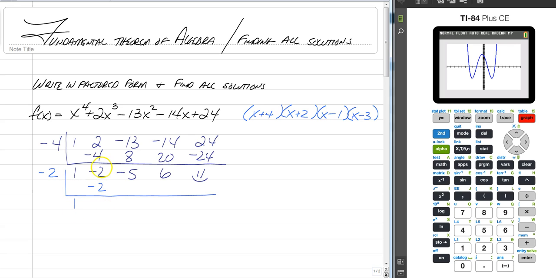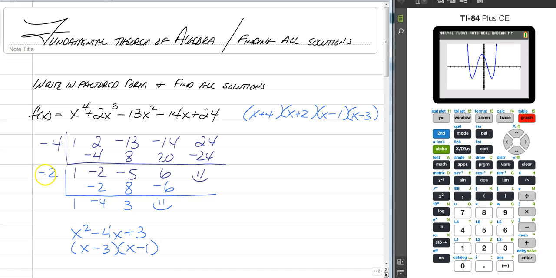Negative 2, that's going to end up giving us a negative 4. And that's going to give us a positive 8, which gives us 3. And that gives us a negative 6, which gives us no remainder again. x squared minus 4x plus 3. That can be factored. And that can be factored to an x minus 3 and an x minus 1.